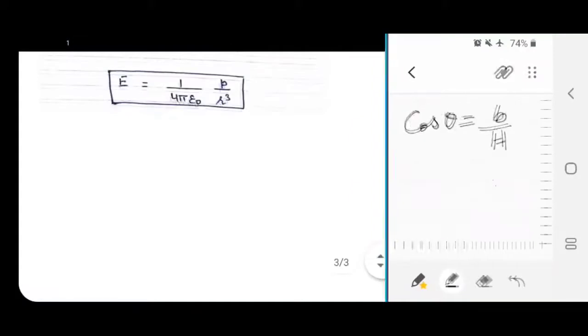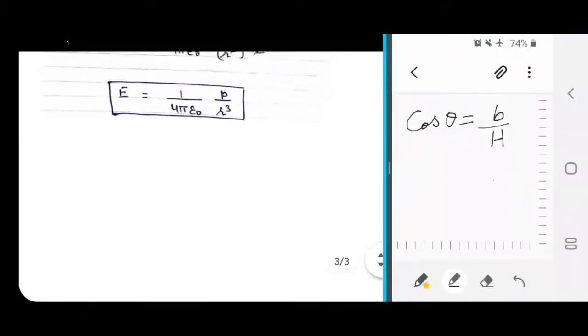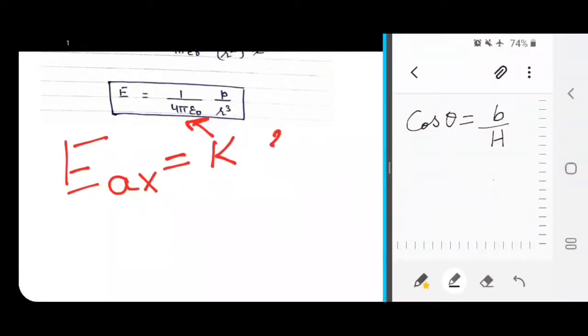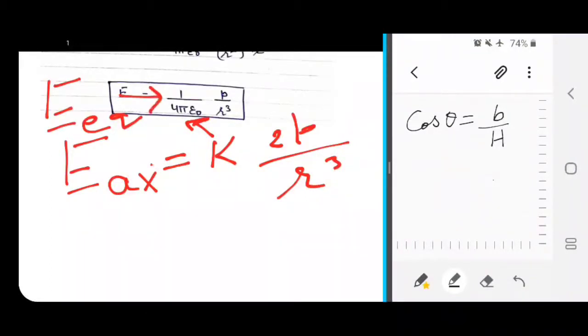Another conclusion from this: we have seen, when we studied the electric field due to an electric dipole at the axial point, that E axial equals the constant K, that is 1 upon 4 pi epsilon naught, times 2p upon r cube. And here we see that E equatorial equals K p upon r cube.